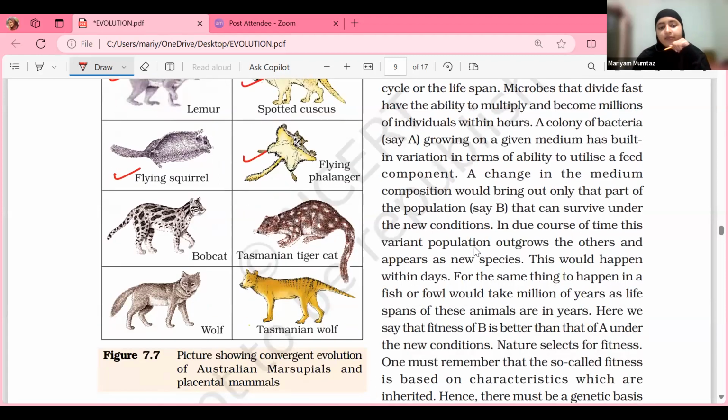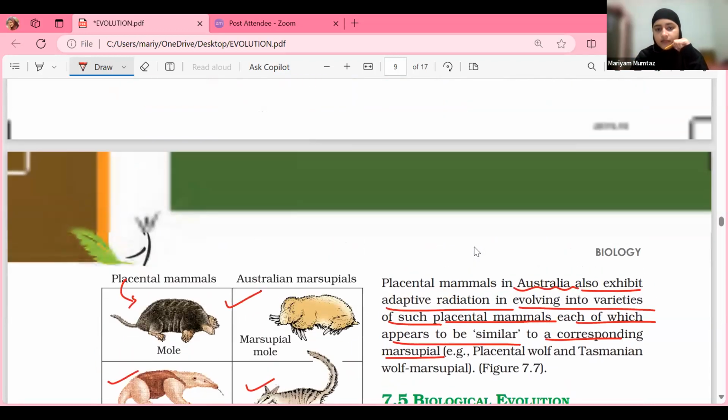And ultimately, bobcat to the Tasmanian tiger cat and wolf to the Tasmanian wolf. So this is showing adaptive radiation between the placental mammals and the marsupial mammals. Both of them are in Australia only, but they evolved differently. Okay, this much is clear.